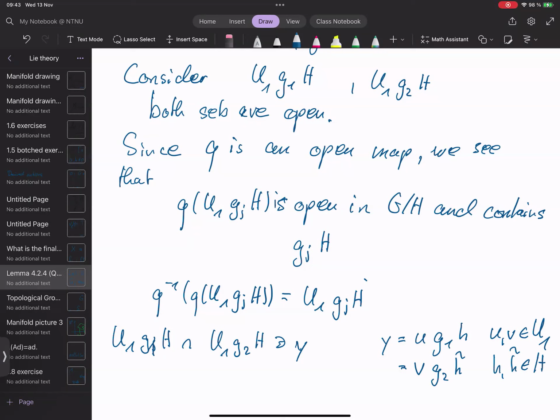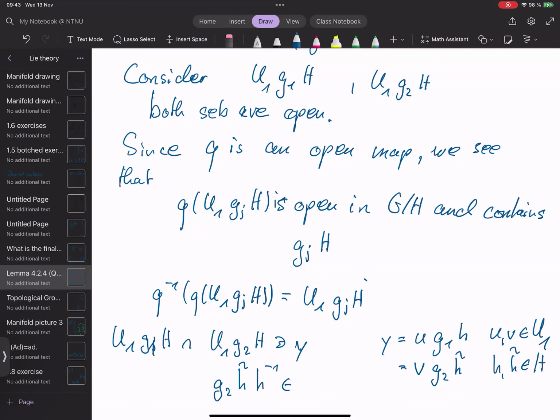Now let's sort this out a little bit. I can reorder these things, and I want to sort it in a different way. So G1 is u inverse times v times G2 times H tilde times H inverse.